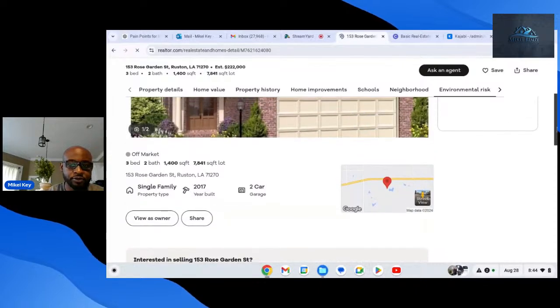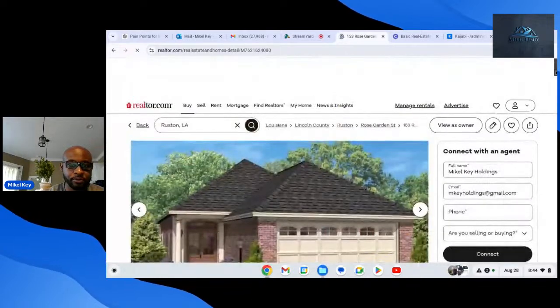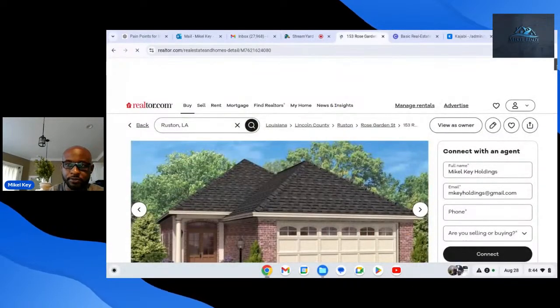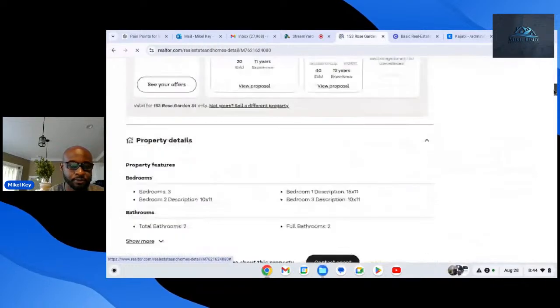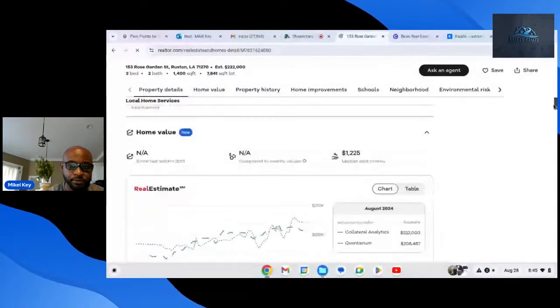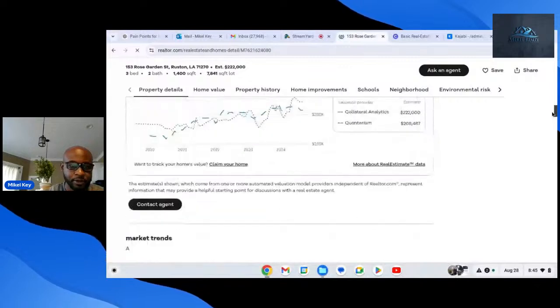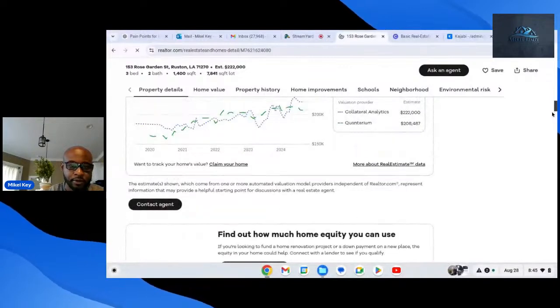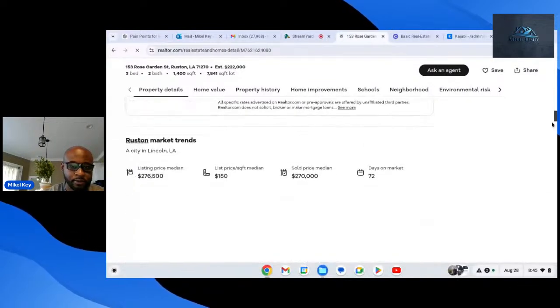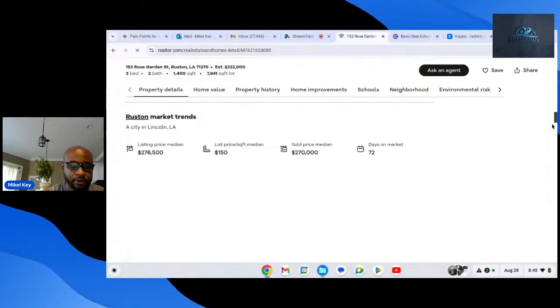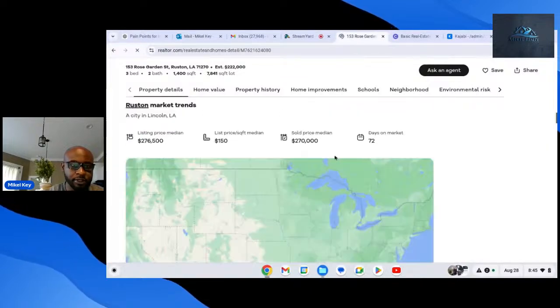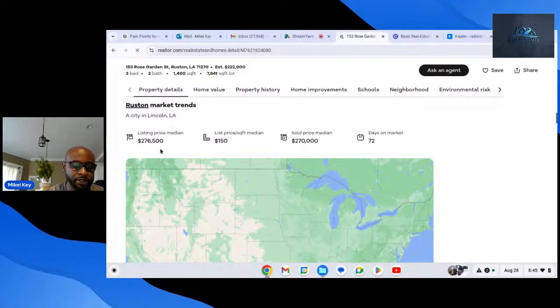Okay, now what I want you to see, let's go down. So see, in Ruston, if you go all the way down, it gives you the listing price median, so $276,000.